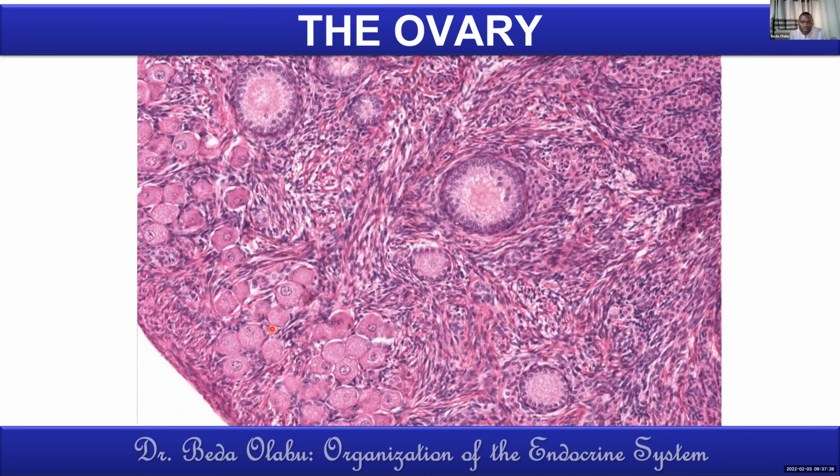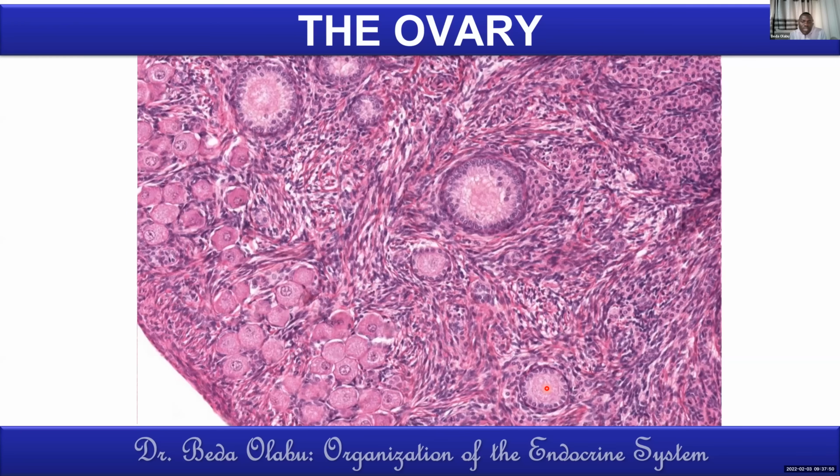They're now growing. The cells that surround the primary follicles, we call the granulosa cells, as opposed to the ones that surround the primordial follicles that we call the follicular cells, although some people use them interchangeably. So we have the cuboidal cells and the squamous cells.